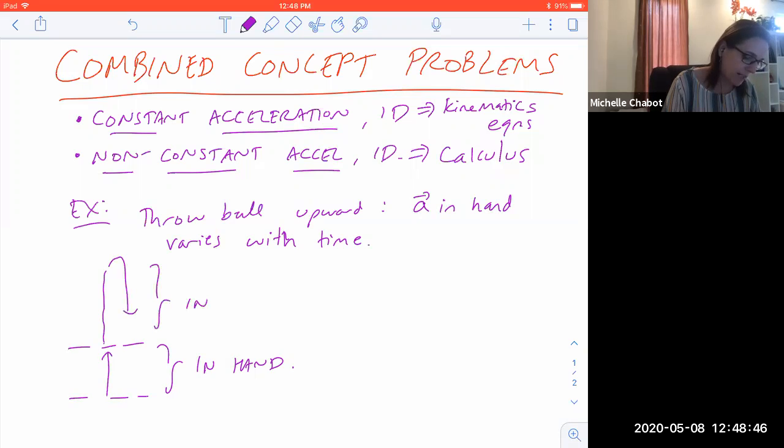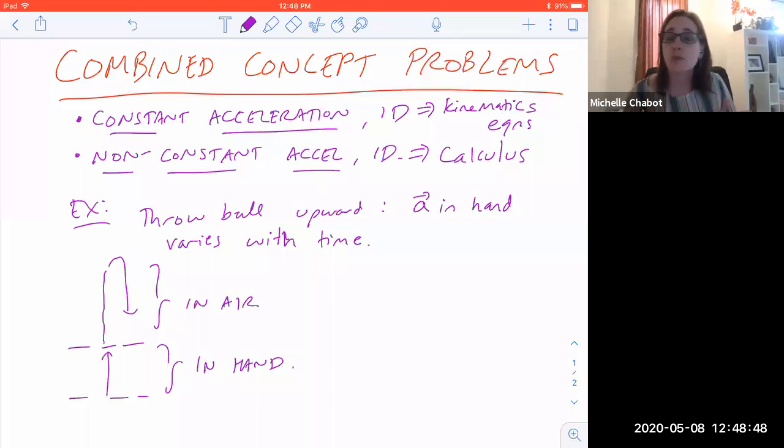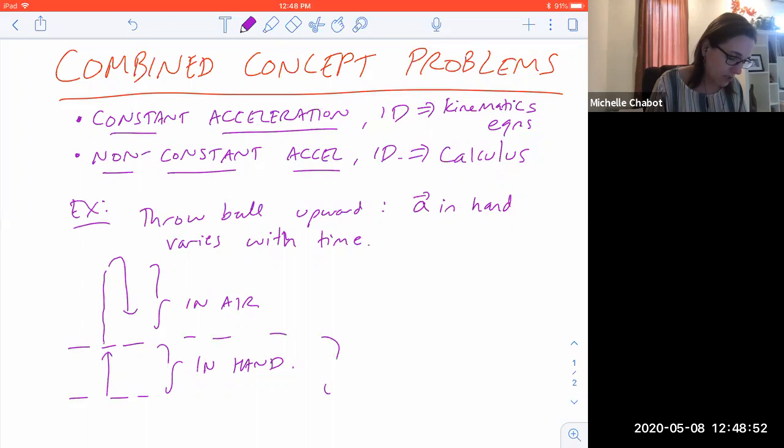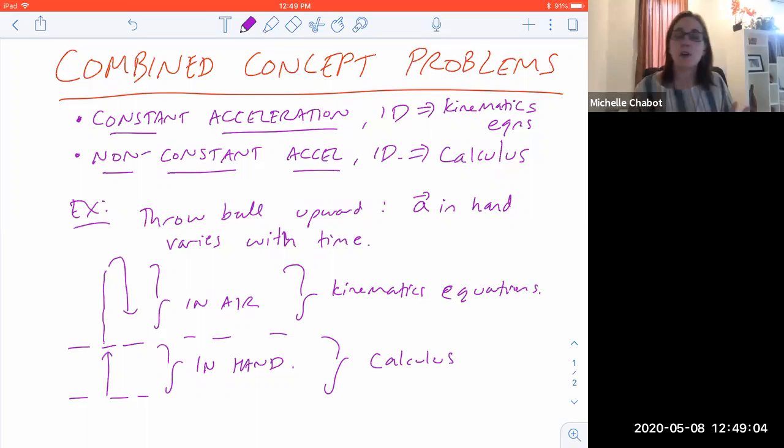So this would be when it's in the air. How you would solve this problem is you would apply 2 different concepts to this. Here, you would use calculus, and then here, you would use one of the kinematics equations. And when you solve it, you would just label it as non-constant acceleration, and then you write out the calculus parts, and then you write constant acceleration motion, and you write your kinematics.